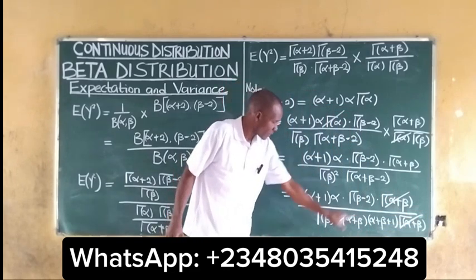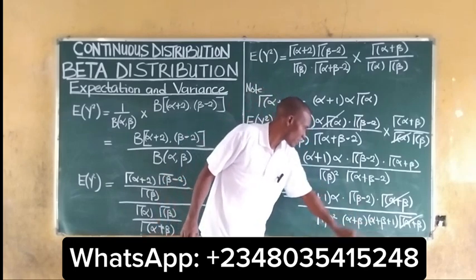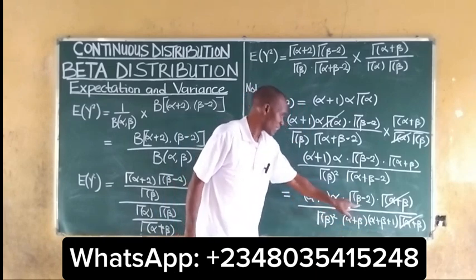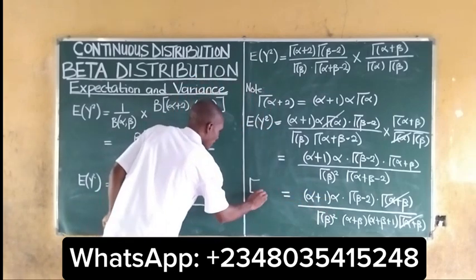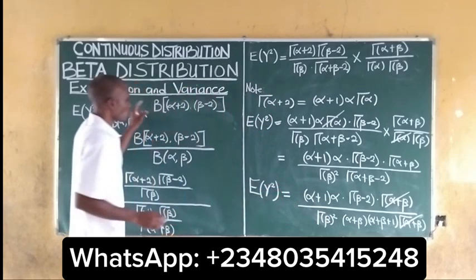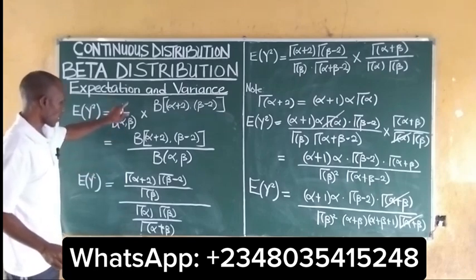Then if we have this and this, using our gamma property, the whole of this will cancel with this, and we'll get our final answer for the expected value of y squared.